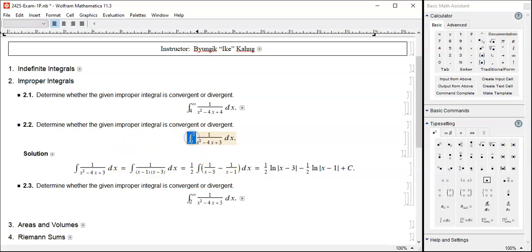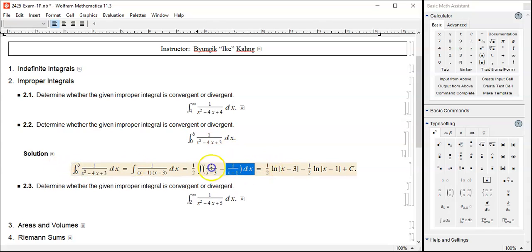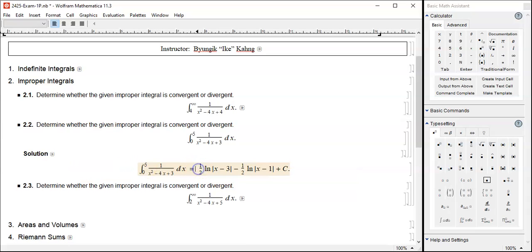Okay, so that, and because of all that, and then that's going to, let's see, 0 to 5.